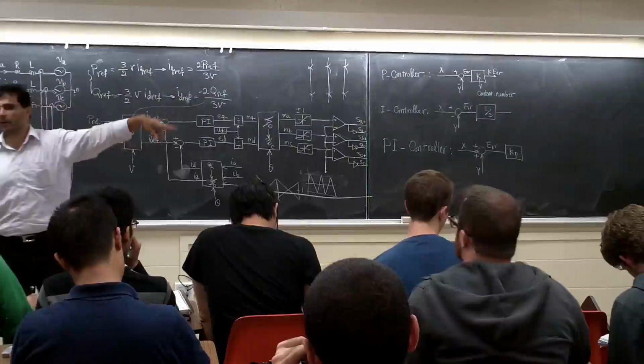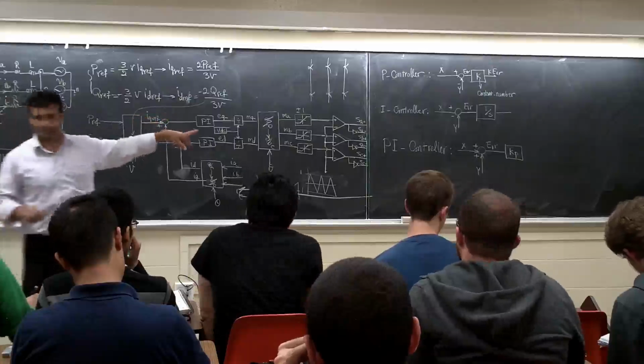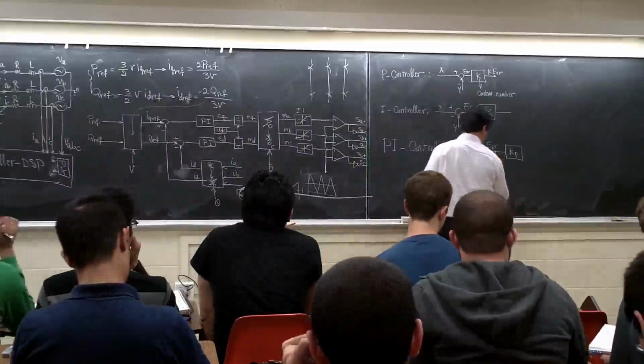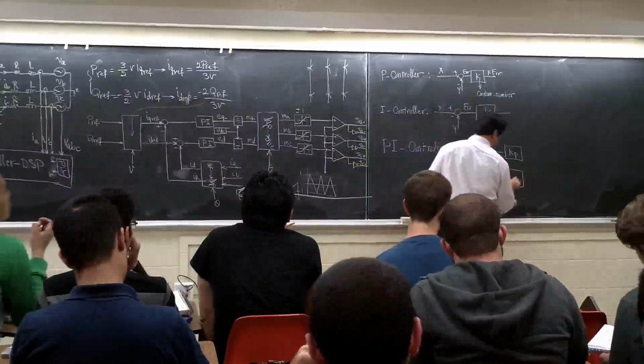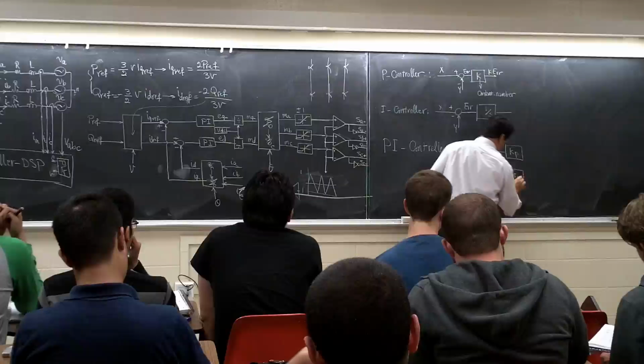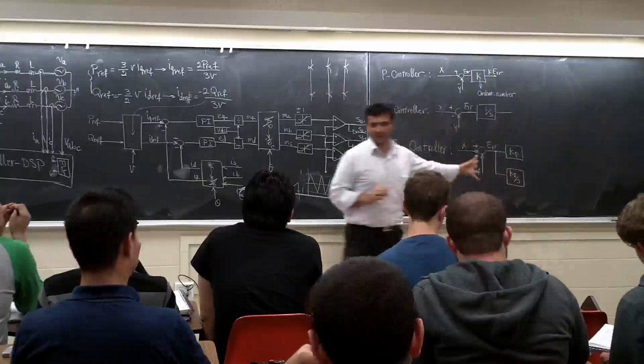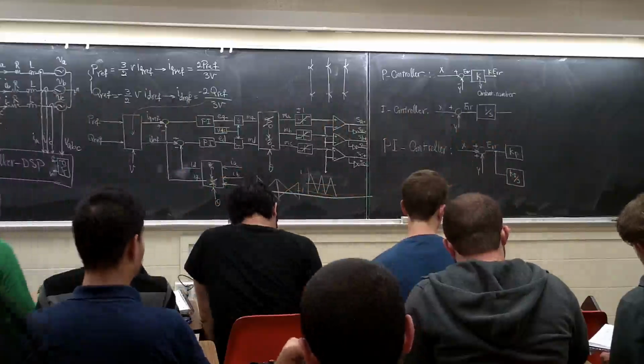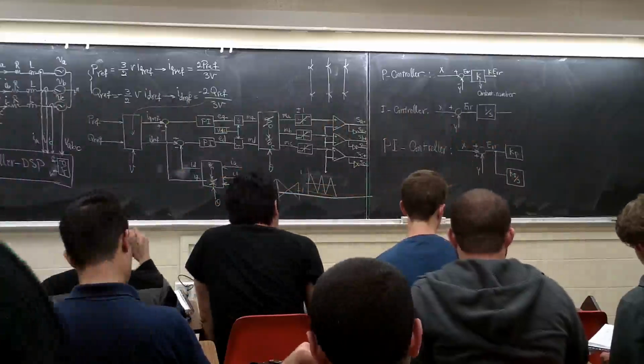I time my error by Kp, right? Now, the same signal is going to go through a Ki over S. Ki is the gain of the integrator, another constant number. But 1 over S is the integrator, right?